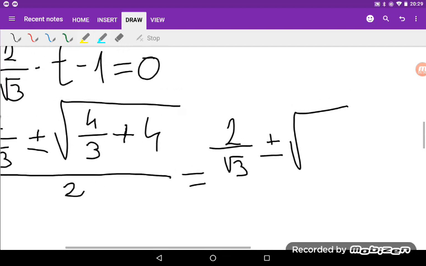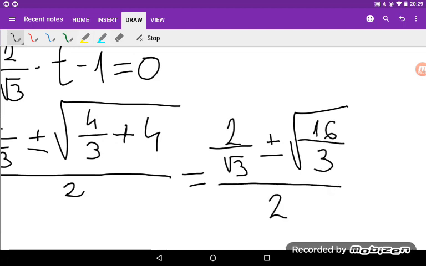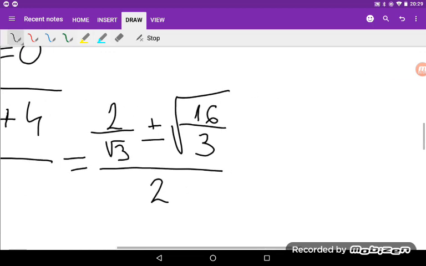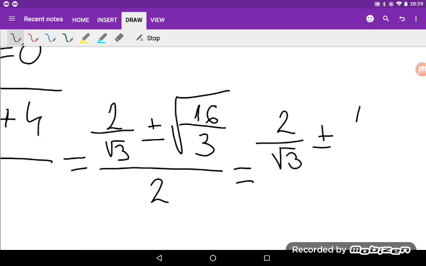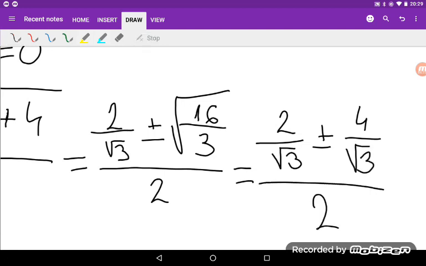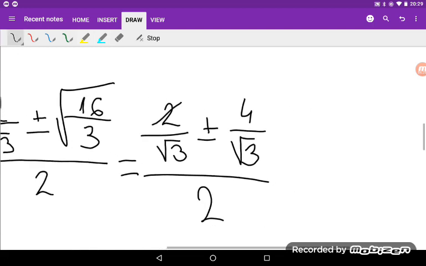Okay, 16 over 3 divided by 2. Okay, and now I have 2 over square root of 3 plus minus, this will be 4 over square root of 3 divided by 2. Okay, and now we can cancel this.